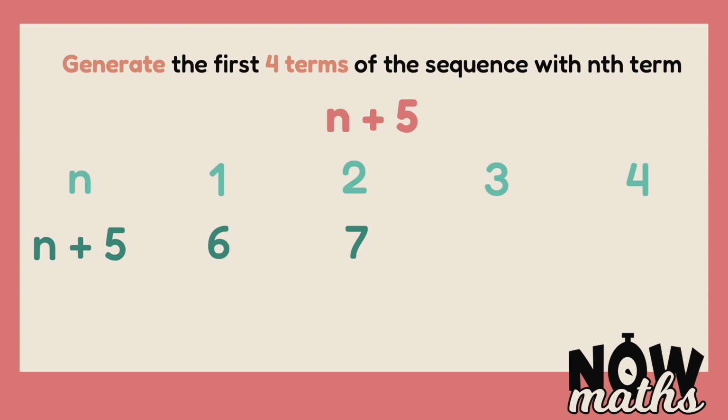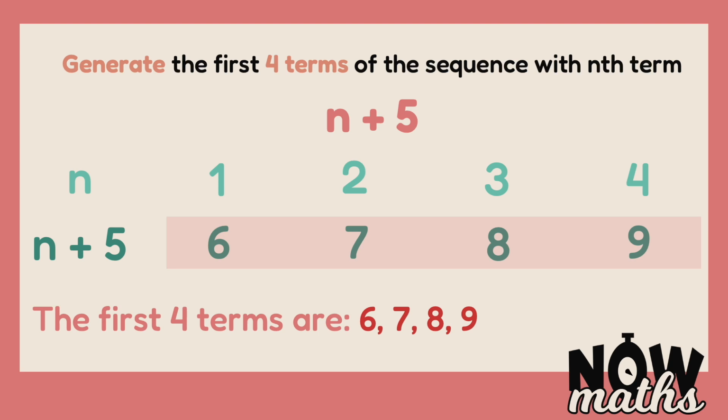When n is 3, n add 5 is 3 add 5 or 8. And when n is 4, n add 5 is 4 add 5 or 9. So the first four terms of our sequence with nth term n add 5 are 6, 7, 8 and 9.